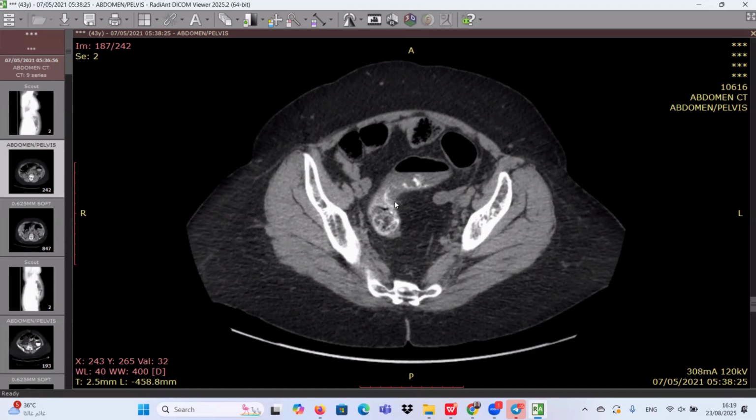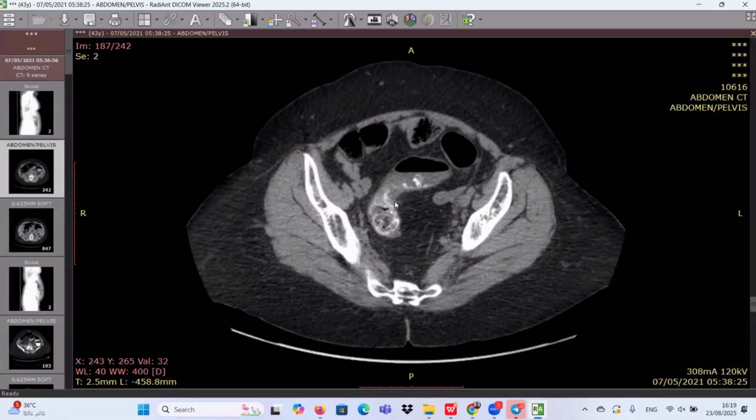Unfortunately, the patient was not prepared to give IV contrast at that time. This is what happened with me in my practice. Then, sir, I'll measure the diameters of the large bowel and of the transverse colon and cecum.